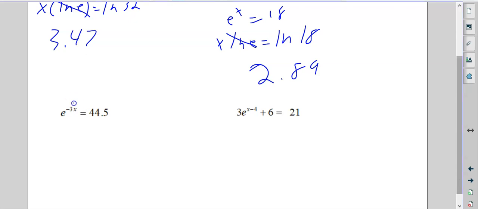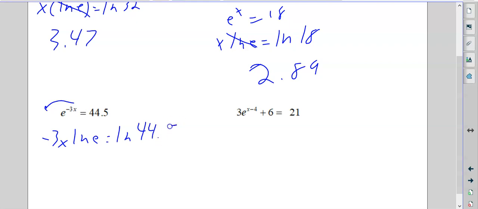Okay, a little tricky here. We're going to move this out in front. Negative 3x ln e equals ln of 44.5. ln e goes away. Now, we could type this in the calculator right now, but since we're going to be dividing by -3 anyway, why not save the step and then less rounding and just type that in all at one time?